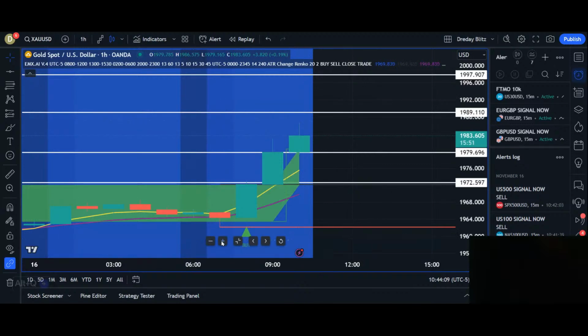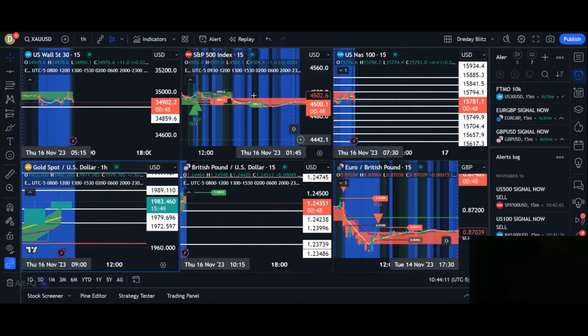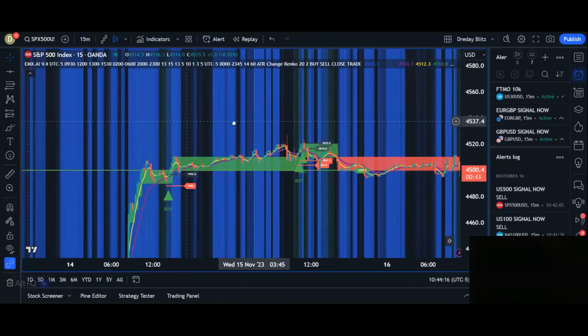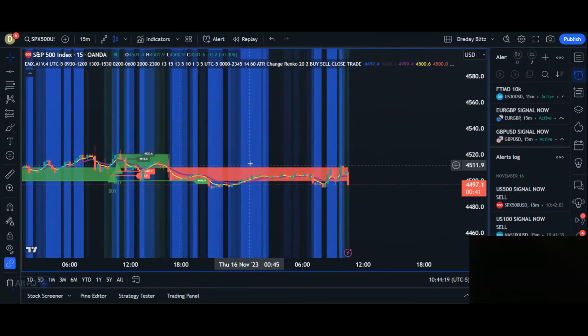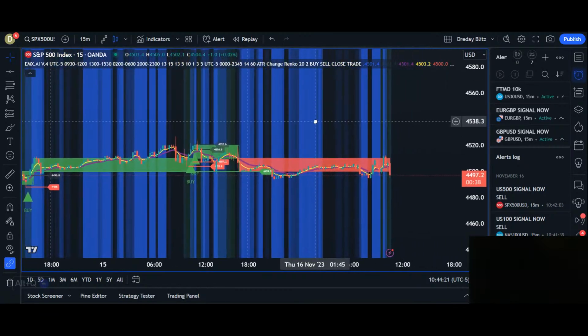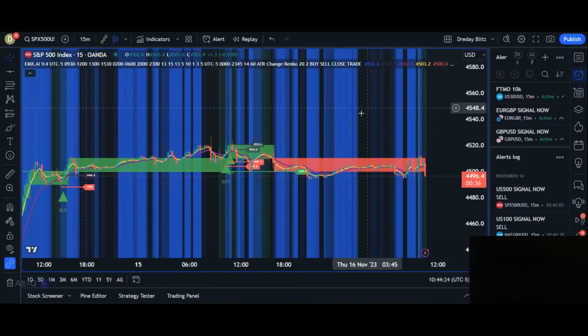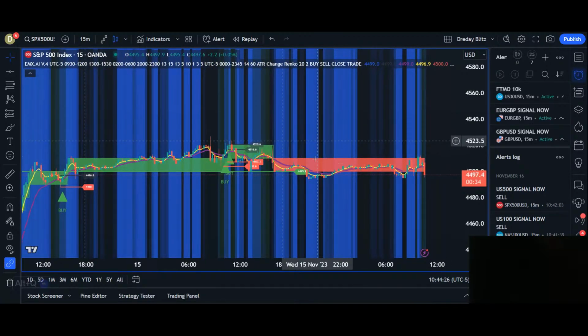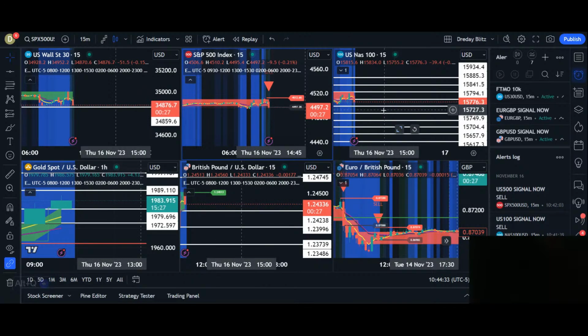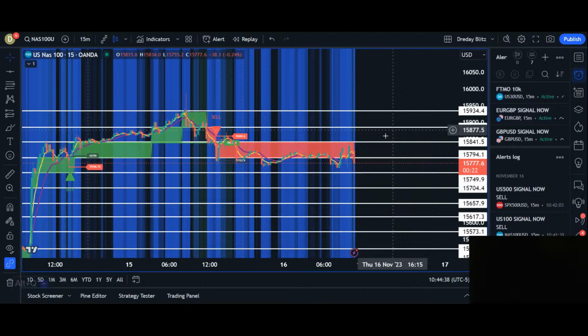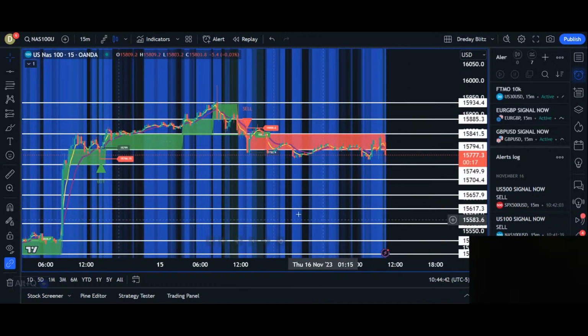Okay, so let me go back on those two charts so I could show you exactly what I have on my end. So we're looking bearish here because the Renko bar is going down, that's on SSP 500, and on Nasdaq, still bearish here on Nasdaq.